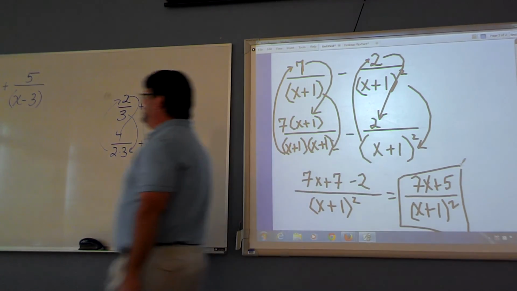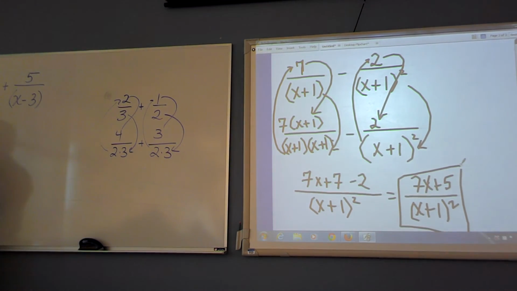So the common denominator is x minus two times what? X minus three. And I'm gonna write it again. Now, you could write one big one and make one big fraction bar, but I don't do that till everybody gets accustomed to doing it like this.